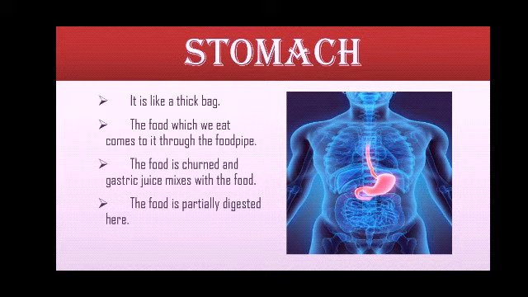The stomach is a muscular organ located on the left side of the upper abdomen. The stomach receives food from the esophagus. As food reaches the end of the esophagus, it enters the stomach through a muscular valve.